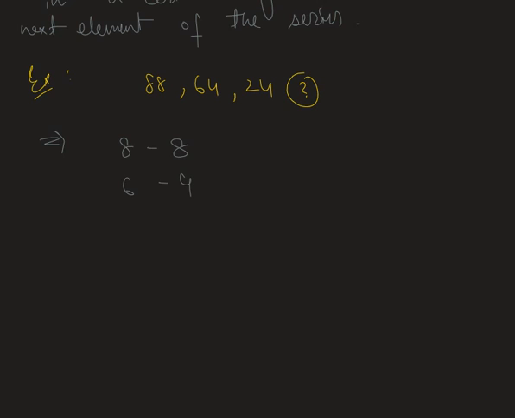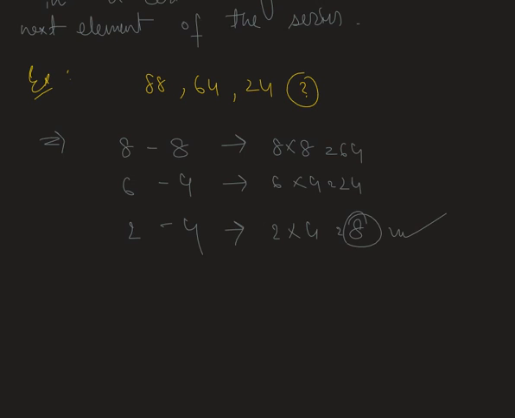Okay, and the third one is 2 and 4. Therefore, we can tell that if we multiply 8 and 8 we get 64. If we multiply 6 with 4 we get 24. Therefore, our required answer will be 2 multiplication with 4. Therefore, 8 is the right answer.